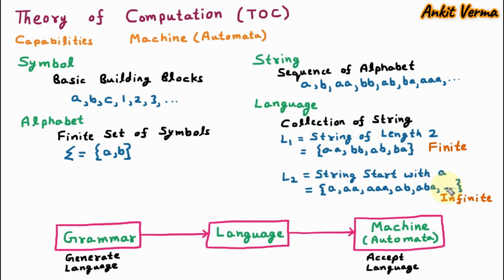And infinite language contain unlimited set of string, just like we are having the string start with A, and there are various possibilities, just like A, double A, triple A, 4 times A, AB, ABA, ABAA, and so on. These languages are generated by the grammar and accepted by the machines, which are also called automata.